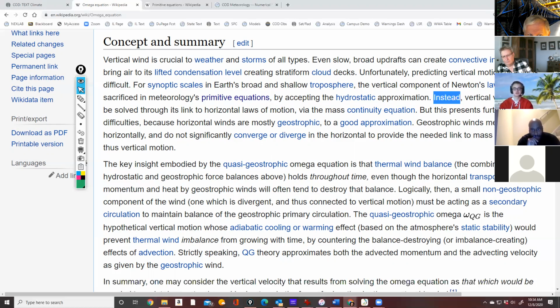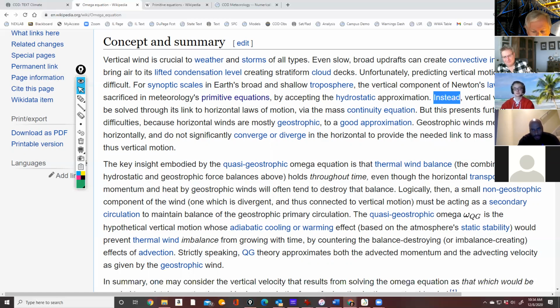The quasi-geostrophic omega is the hypothetical vertical motion whose adiabatic cooling or warming effect, based on the atmosphere's static stability, would prevent thermal wind imbalance from going with time by countering the balance destroying or imbalance creating effects of advection.